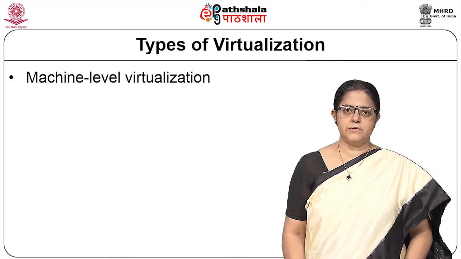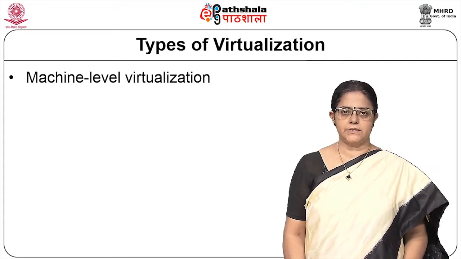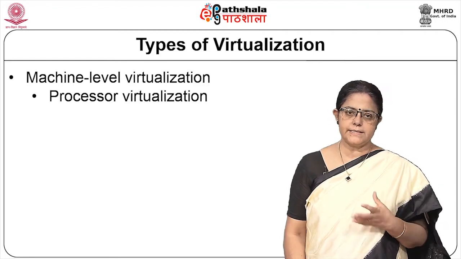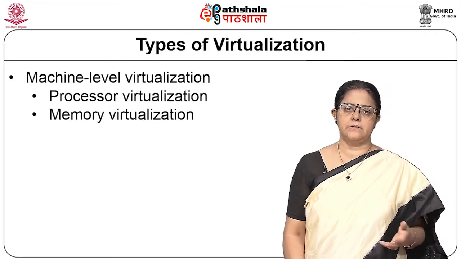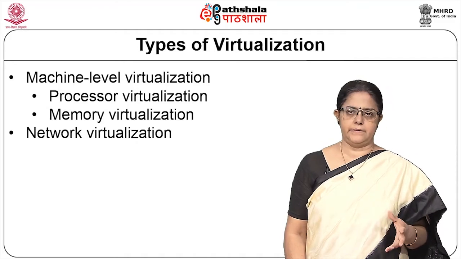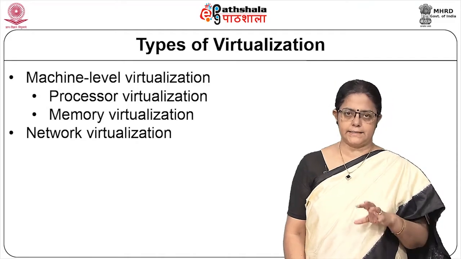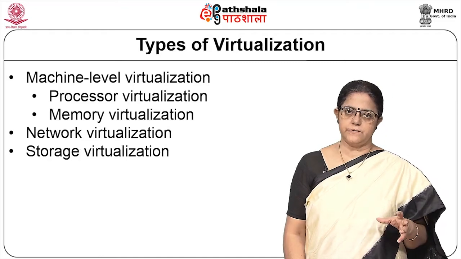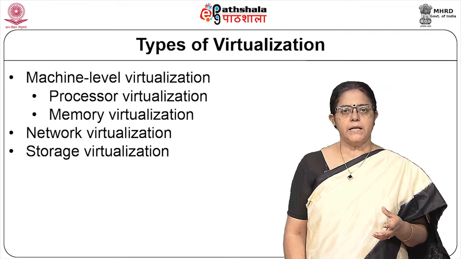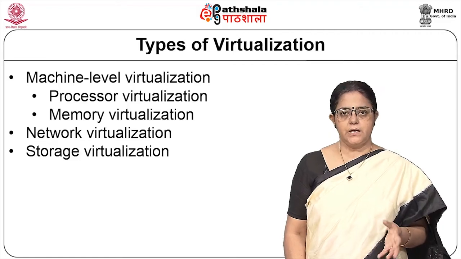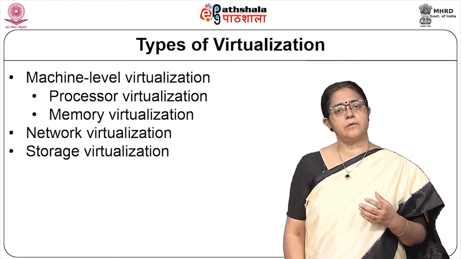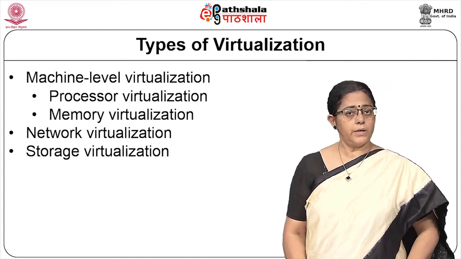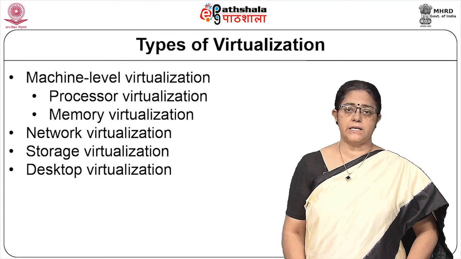The first one, as we said, is the machine level virtualization, which is the physical machine where the computer is running, that is processor, memory and all other objects that are there in the physical machine. Then comes the network virtualization, which is virtualizing the network. Then comes the storage virtualization. Since storage is a separate and a very important part of a machine, we would talk about storage virtualization.